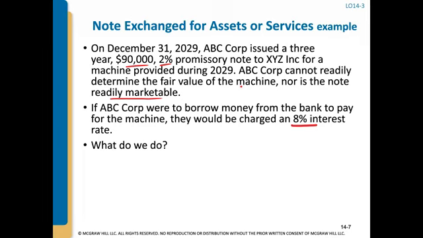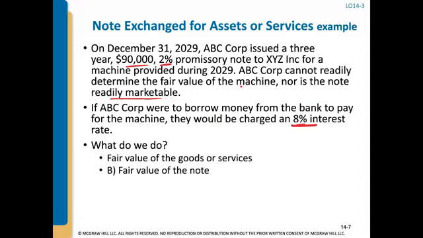So do we record this note using the 2% rate, or do we record the note at the 8% rate? Well, we have to go through the steps. First, do we know the fair value of the goods or services? The problem tells us we do not know the fair value of the machine. Do we know the fair value of the note? The problem tells us the note is not readily marketable, so we do not know what someone in the open market would pay for this note.